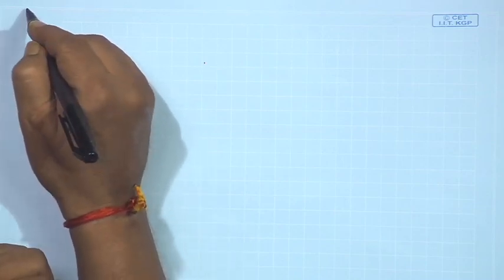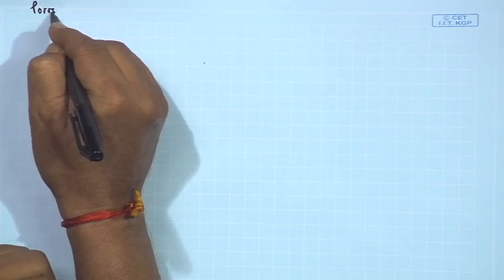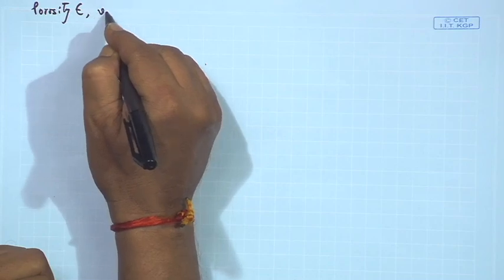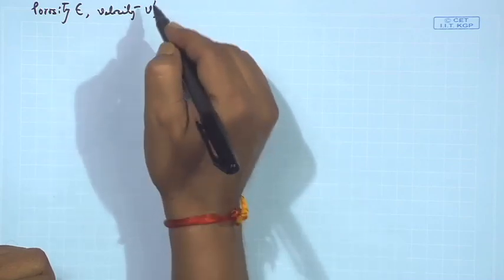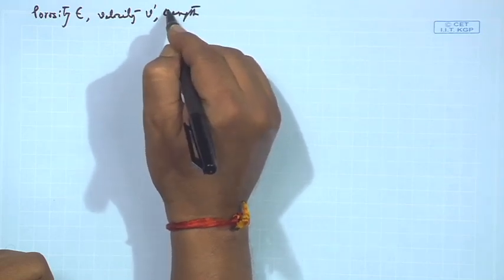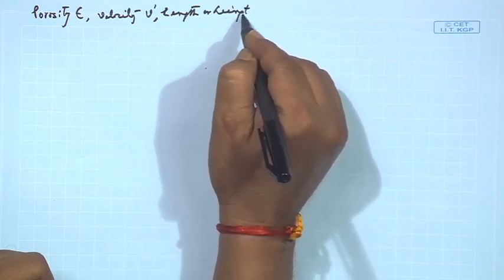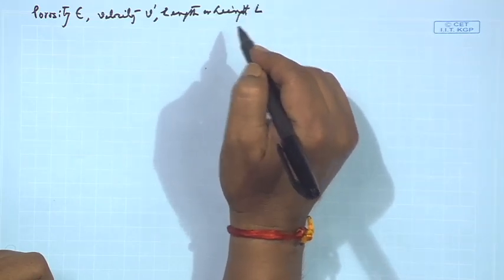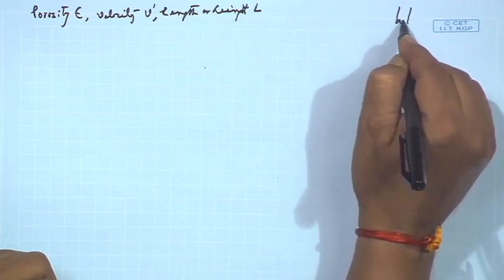Now, we said that before the onset of fluidization, the porosity is epsilon, the velocity is V prime, and the length is L, the length or height, whatever we call it. So, the particles were like this.